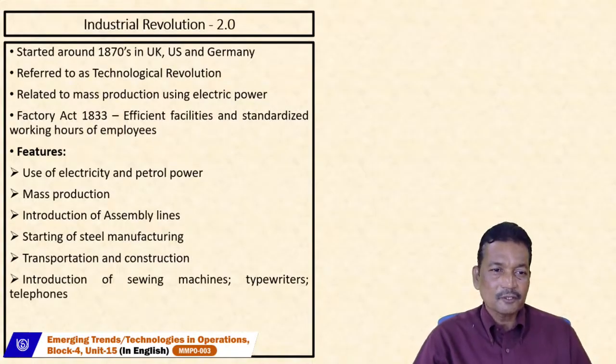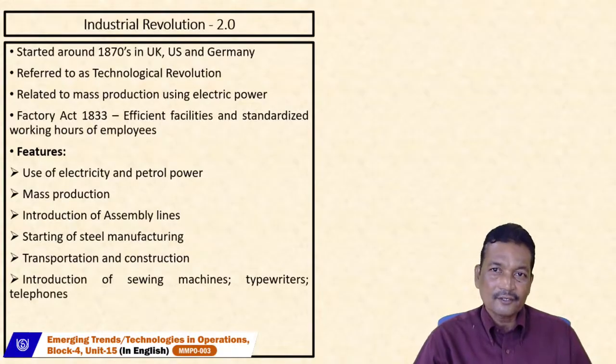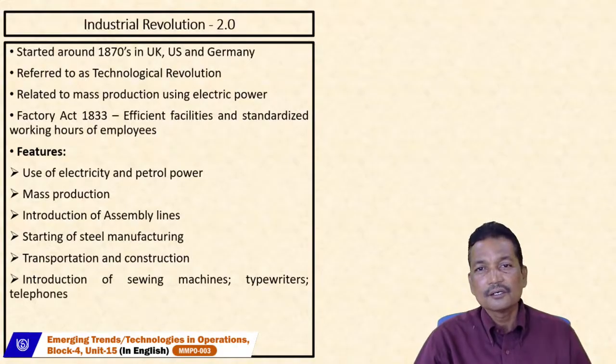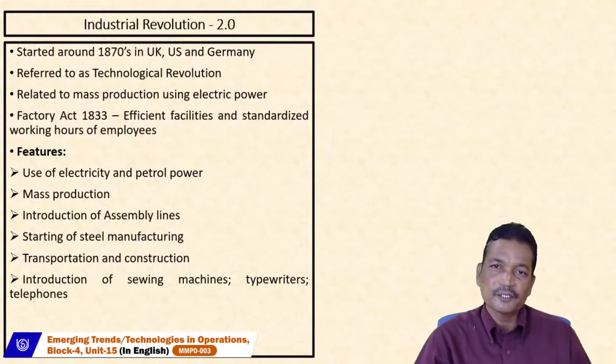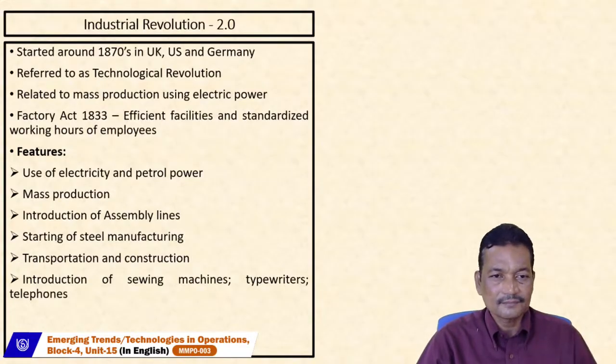Now, in this particular revolution, steel manufacturing came into the forefront. Iron had a drawback. Iron manufacturing was a feature of Industrial Revolution 1.0. However, it had a drawback in the sense that iron got rotten due to exposure to various kind of atmospheric conditions, and it needed much maintenance.